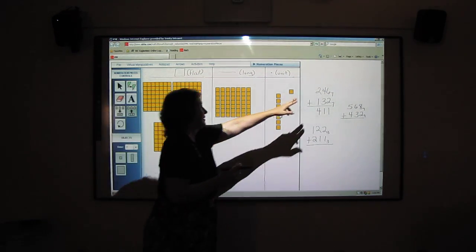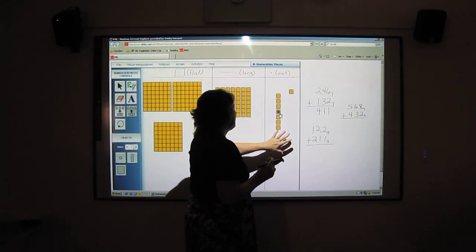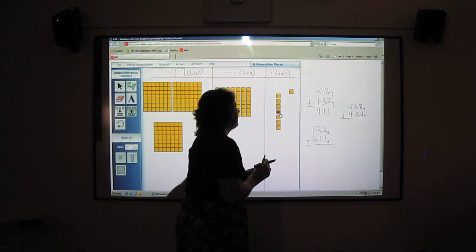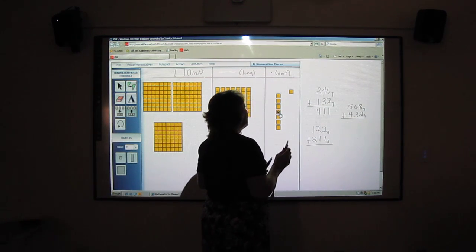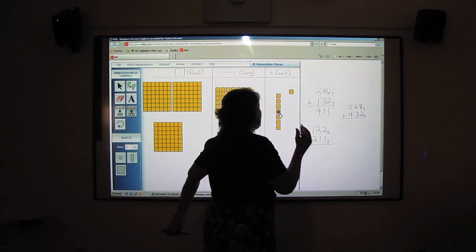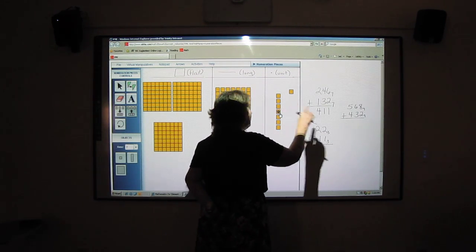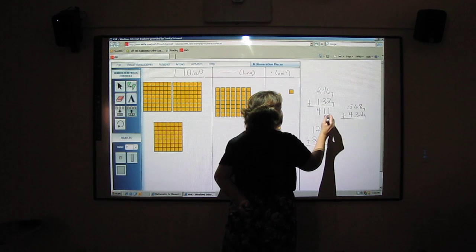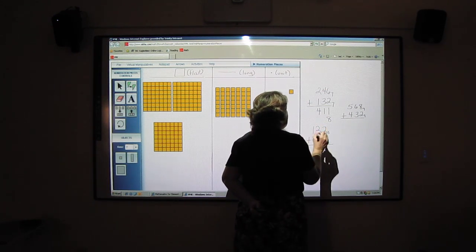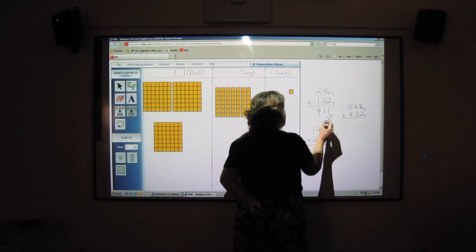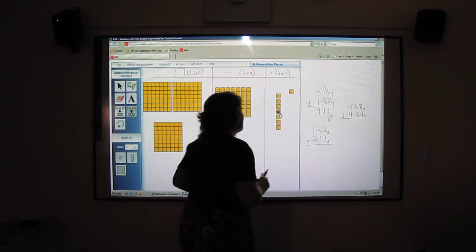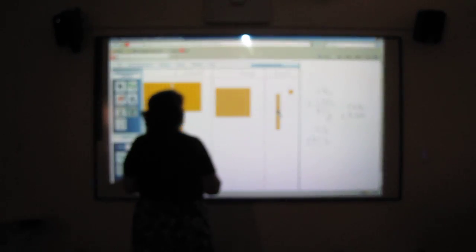We added 6 plus 2 in my units column, and we got 8. Okay? I can't have 8, though. Anytime I get to 7, I have to trade 7 in. So if I had 8, but I traded in 7 of them, I'm left with 1, and I got 1 new block over here.